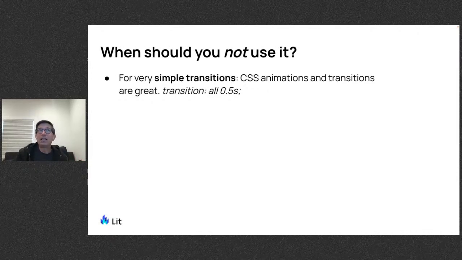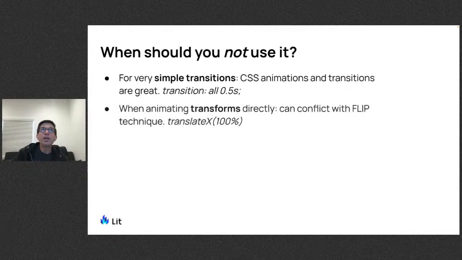You can look those up on MDN, but it's a subset of the kinds of rendering you might need to do. Also, because we use transforms to perform the FLIP technique, if you want to animate via transform yourself, you should do that on a node that doesn't have the animate directive, because that could otherwise conflict. It's a little gotcha to be aware of.